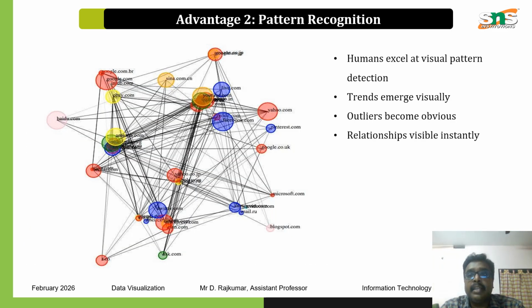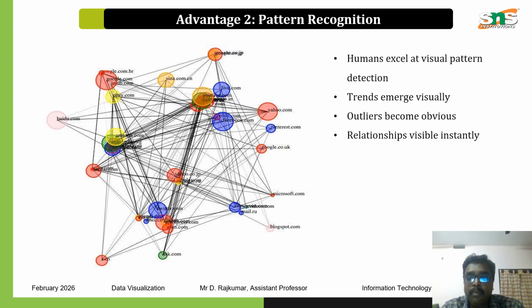Next comes pattern recognition. Humans excel in visual pattern recognition; our brains are predisposed with those abilities. It also helps us identify new trends visually, and as a new trend emerges, it is easy to identify using our visual perception.